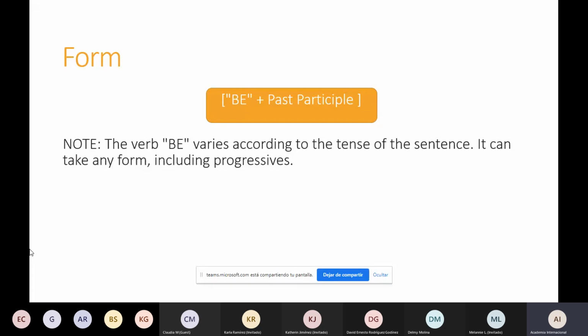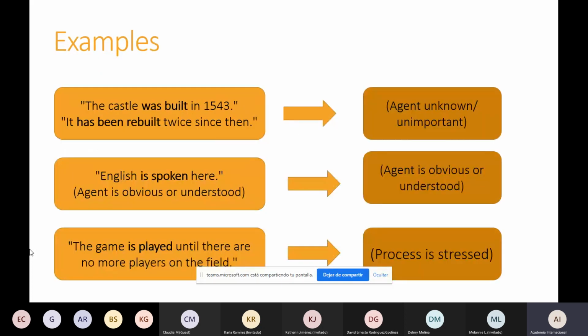En este caso podemos encontrarnos el be como is, or are, or were, or was, or been también puede ir. Entonces, pero siempre irá en la oración. Por ejemplo, examples. The castle was built in 1543.